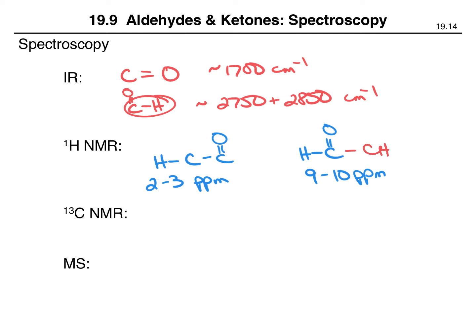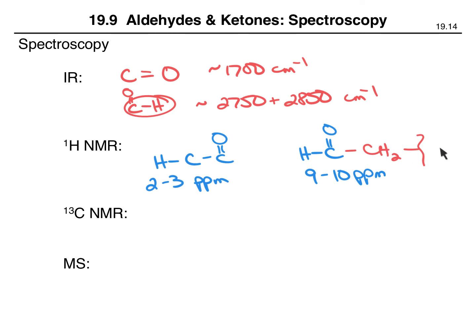So let's say we have some other neighbors over here. Well, often the carbonyl serves as a wall so that this hydrogen doesn't see these hydrogens. So often the aldehyde hydrogen will be a singlet because it is not split by the neighbors over here, and this set of hydrogens will not be split by the aldehyde hydrogen.